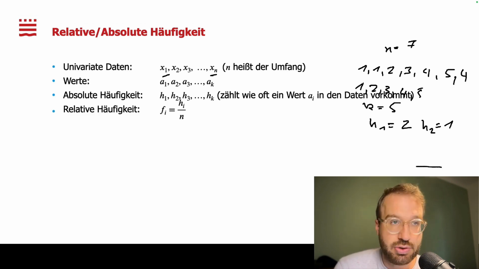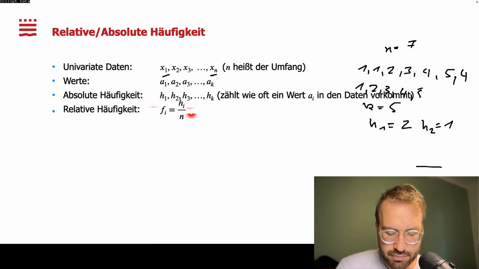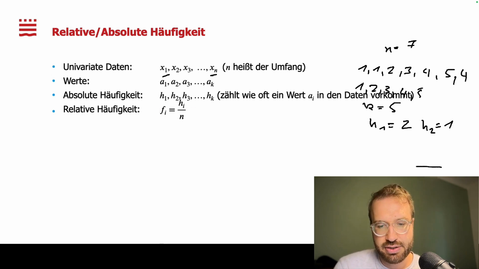And the next thing we want to introduce is the so-called relative frequency. This is nothing other than the absolute frequency, except that it is divided again by the size, or the number of data points. Why do we do that? We do it to obtain comparable values for different large data sets, namely a value between 0 and 1.